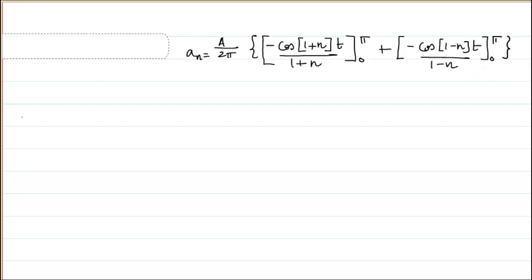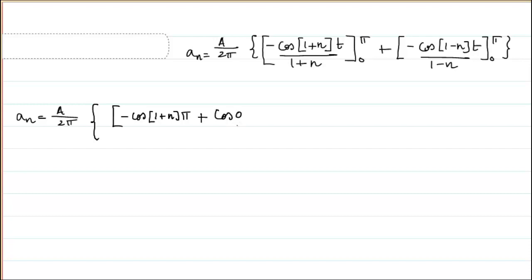So here I will get a_n is equal to a divided by 2 pi, and within a bigger bracket I will first write this one as minus of cos (1 plus n)pi minus of minus plus cos of 0.